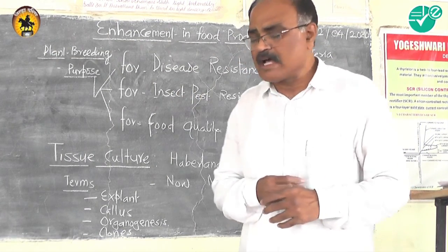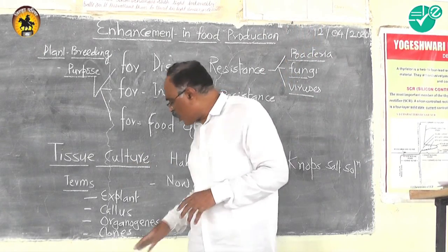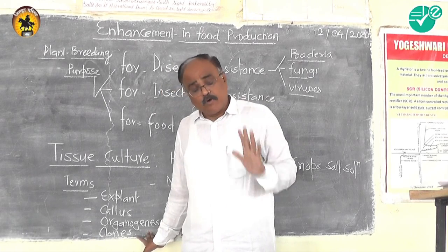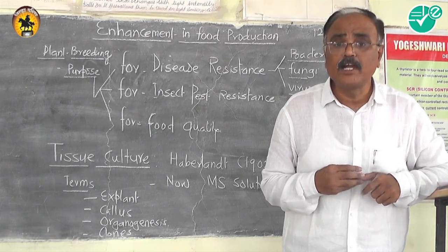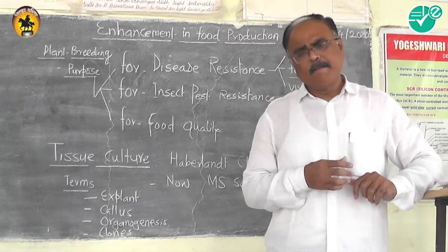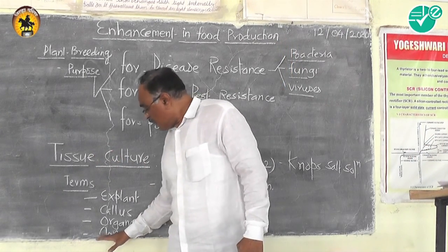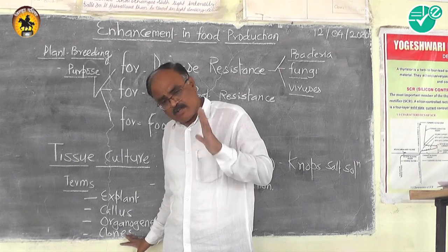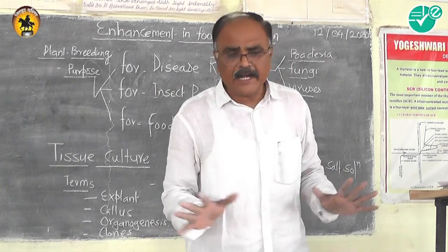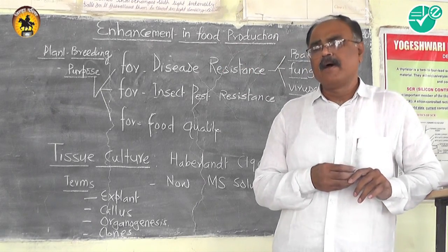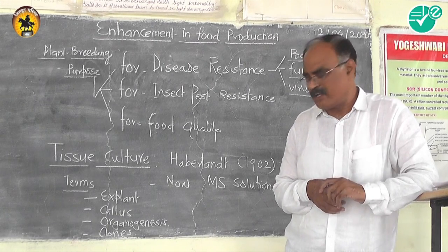And clones are the carbon copies of the donor plant, multiple copies having the same genetic makeup, because all the cells multiply by mitosis, the somatic cell division.